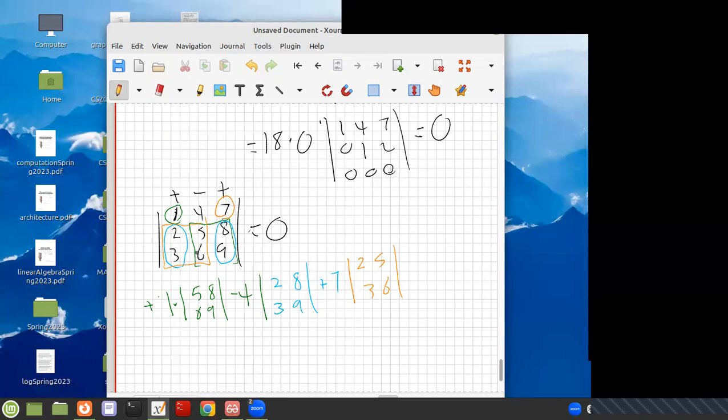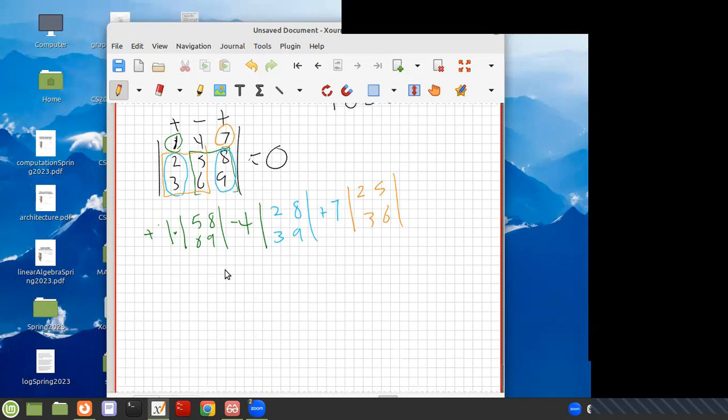So the 1 leaves this one. If I take out the 4, I remove the middle column and the top row, which leaves 2, 3, 8, 9. If I take off the 7, that's the top row and the rightmost column, leaving 2, 5, 3, 6. It's harder to say than to see the pattern, so you have to practice it.